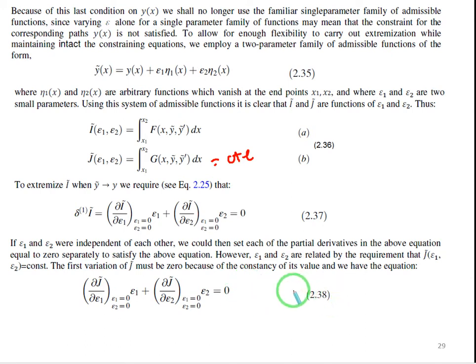equation 238. And there is an important point I must mention. You must know that epsilon 1 and epsilon 2 are not independent of each other, because if we know the value of epsilon 1, the value of epsilon 2 must be determined in such a way that this integration equals our constant number.